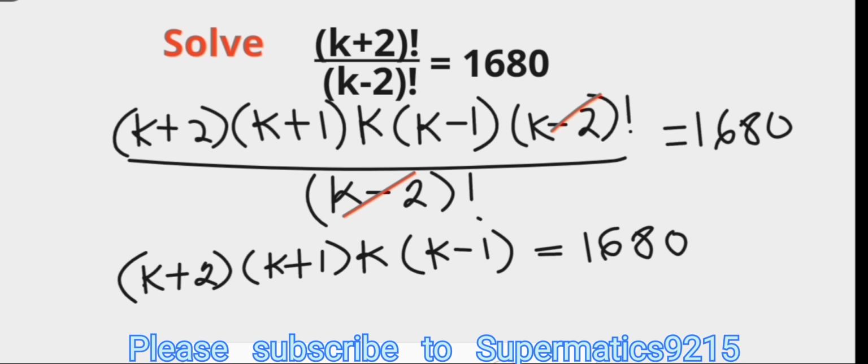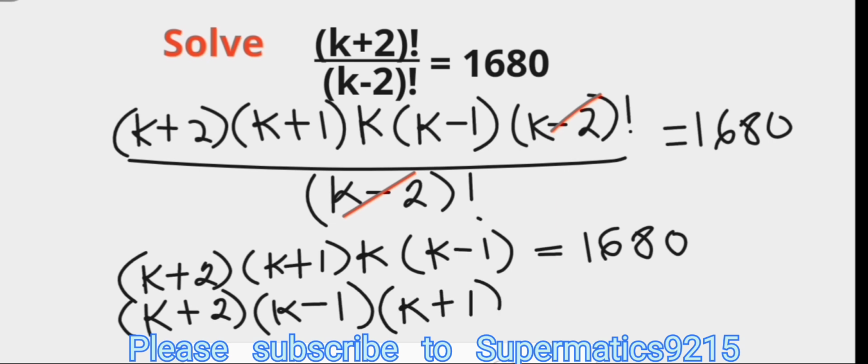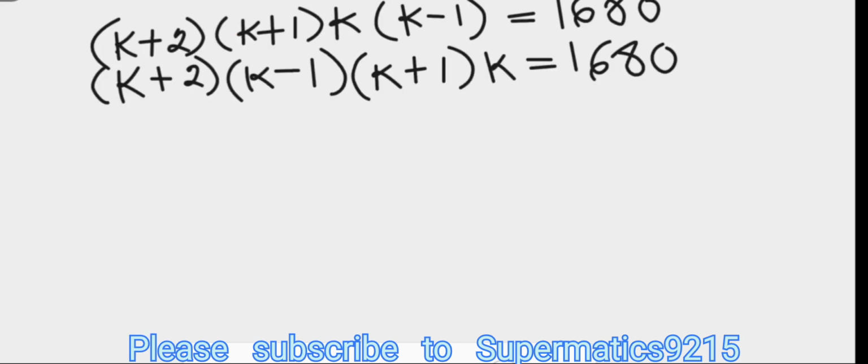So we group the first and the fourth terms together, that is k plus 2 multiplying k minus 1. Then we group the second and the third terms together as well to give k plus 1 and k, and that is 1680. Then we expand each of the two groups.